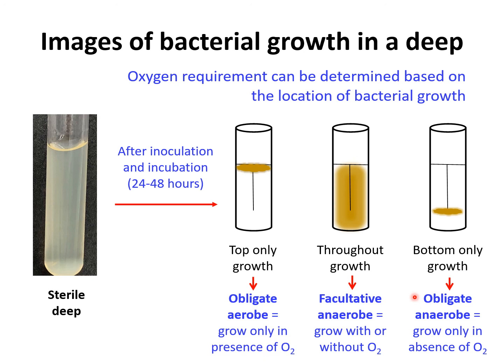We're going to explain why later. But they cannot tolerate oxygen at all. And so you're going to notice that they try to steer away from the oxygen. Therefore, they go all the way down to the bottom of the tube where there is no oxygen, and you will find them growing down there.